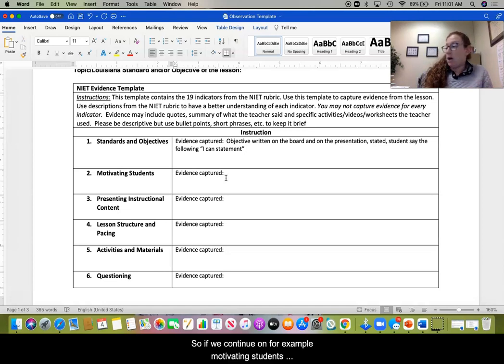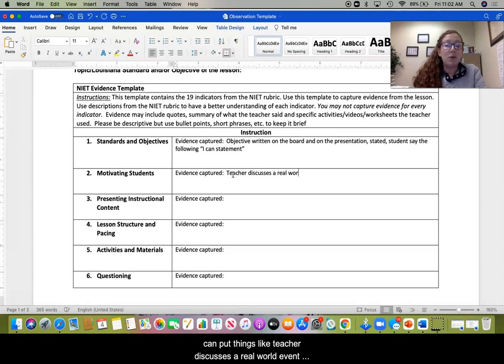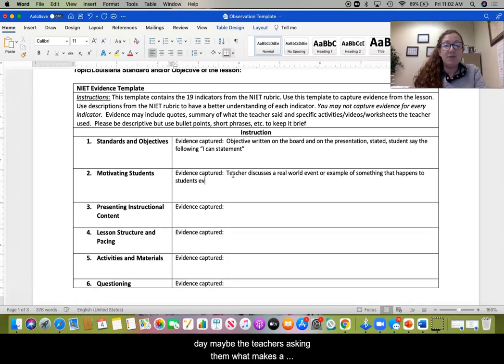If we continue on, for example, motivating students: the teacher sometimes organizes the content so it's personally meaningful and relevant to students, and the teacher develops learning experiences where inquiry, curiosity, and exploration are valued. And also the teacher sometimes reinforces or rewards effort. So in here, you could put things like teacher discusses a real world event or example of something that happens to students every day.